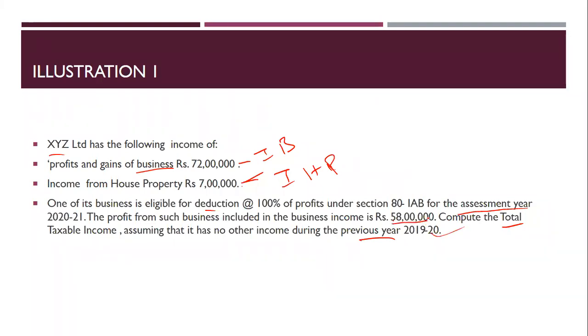So what it means is that out of this 72 lakhs, this 58 lakhs is also included. It is already included. So now we have to find out what the deduction is, and why this deduction. So what is this 80-IAB?